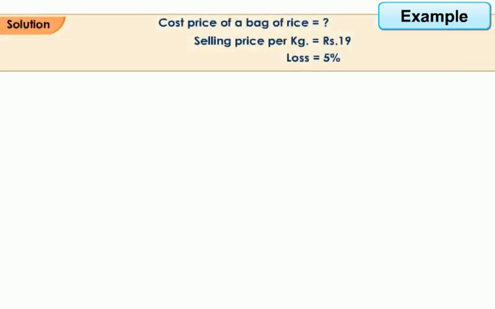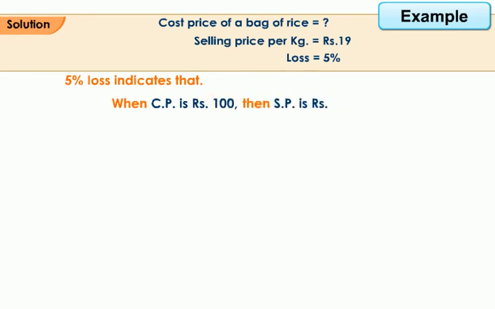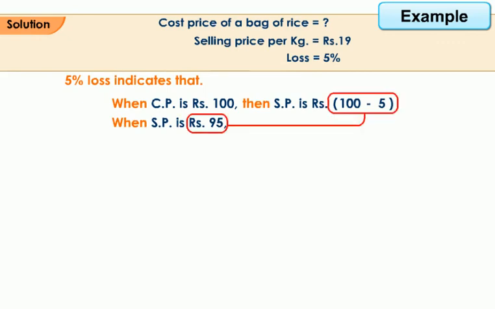Students, here 5% loss indicates that when cost price is rupees 100, then the selling price is rupees 100 minus 5. We can write this as when selling price is rupees 95, then the cost price is rupees 100.